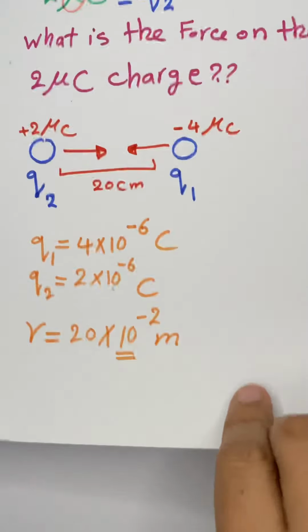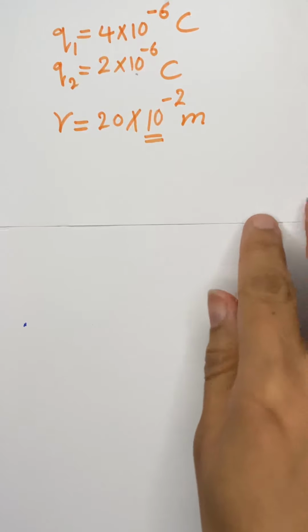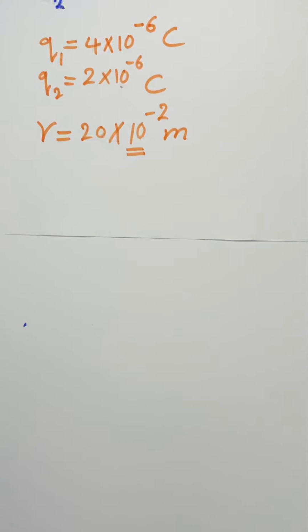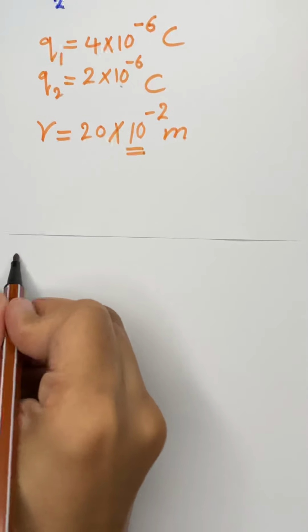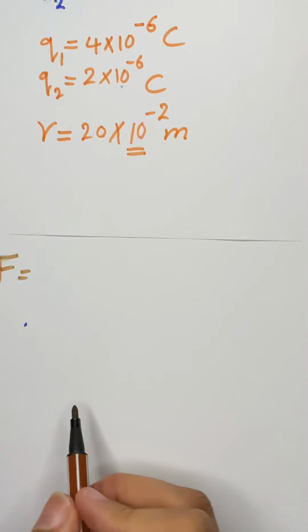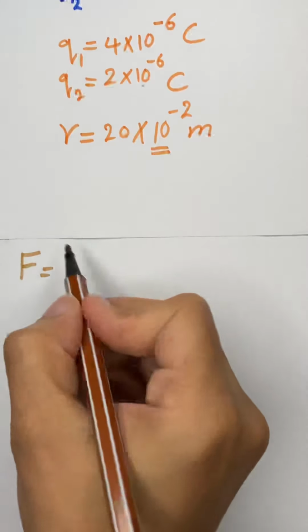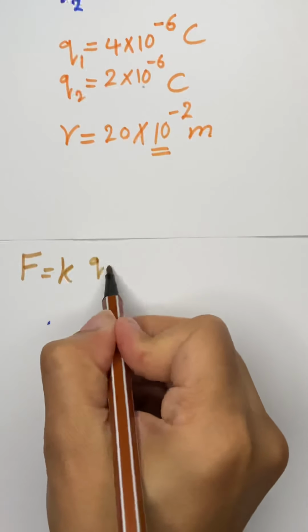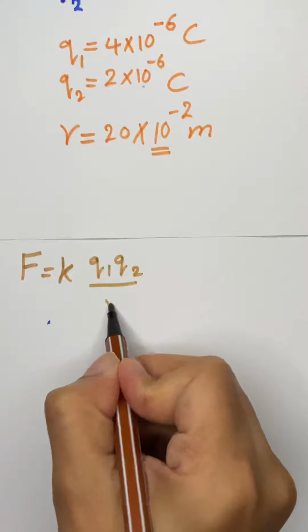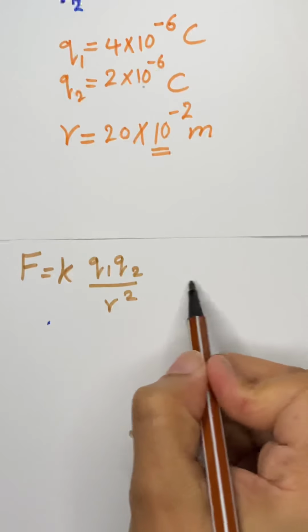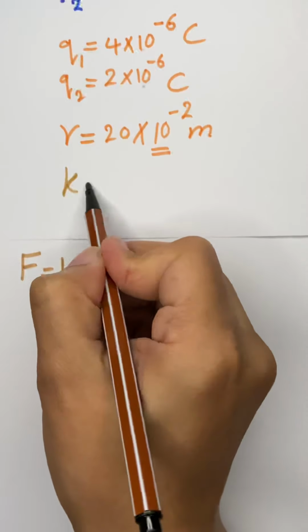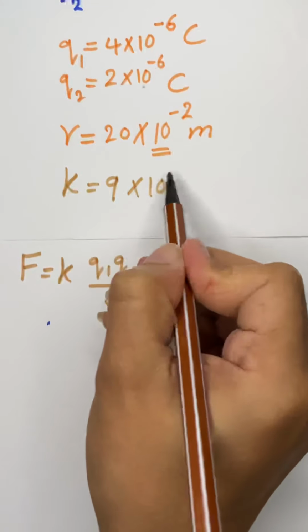Okay, so I transformed it. Now I will start using Coulomb's law. This is the information that I got. I will write Coulomb's law, which is F is equal to K Q1 Q2 divided by R squared. I know that K is equal to 9 times 10 to 9.